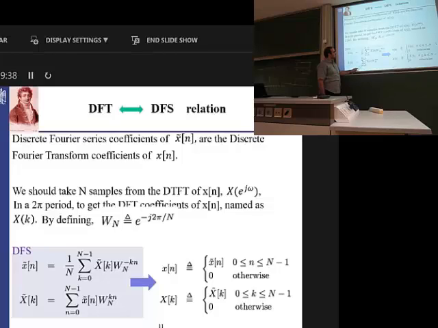It's just the inner product, or the similarity, of the periodic signal with these basis functions.